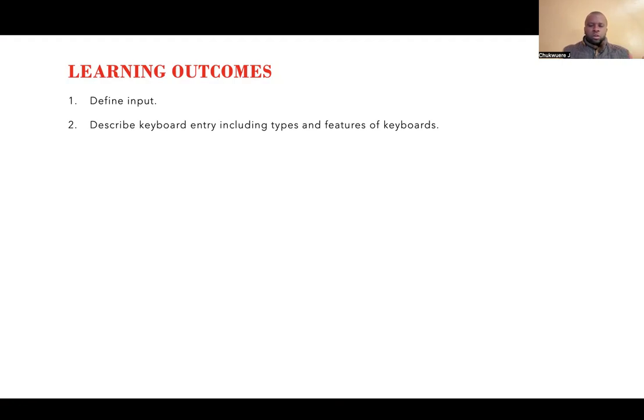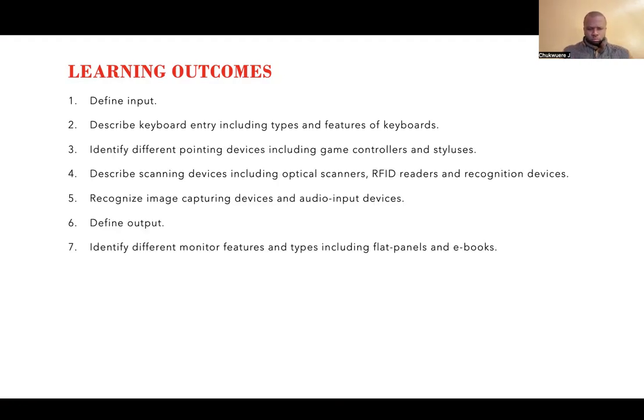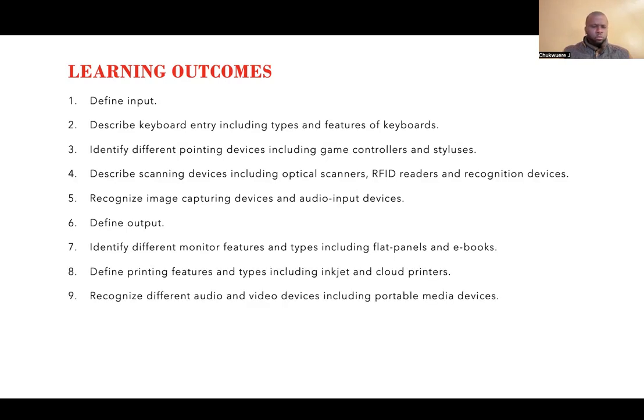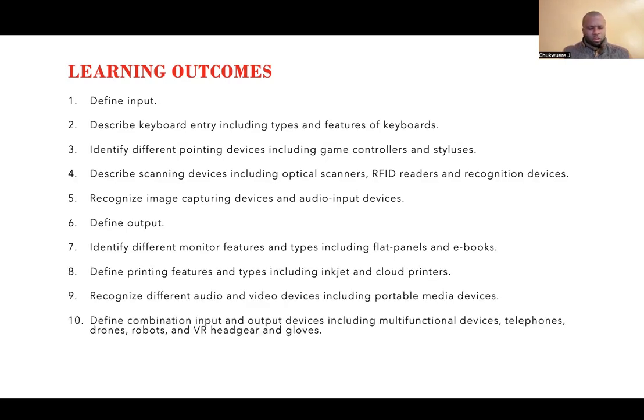Here are our lesson objectives. One, define input, describe key entry, including the types and features of keyboards, and so on. Go to output, define output, and also identify the types, and so on and so forth.